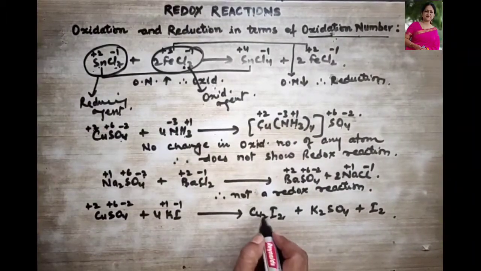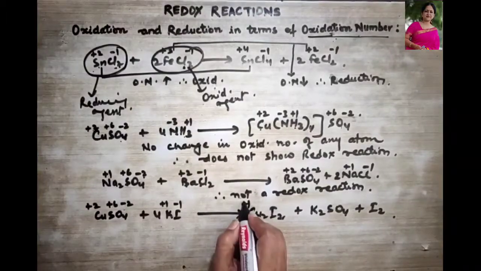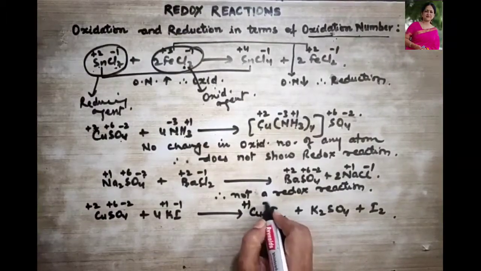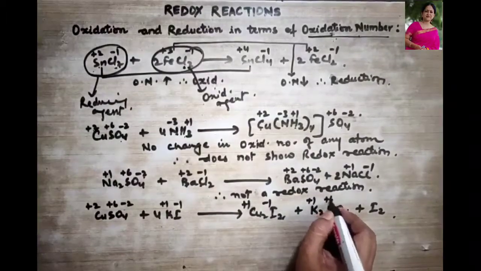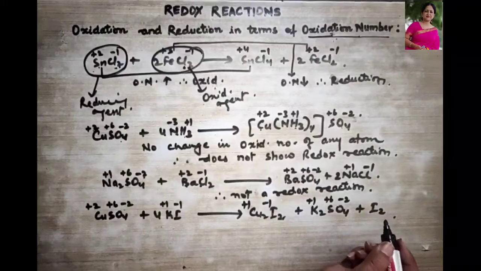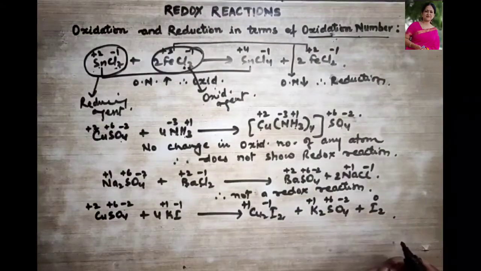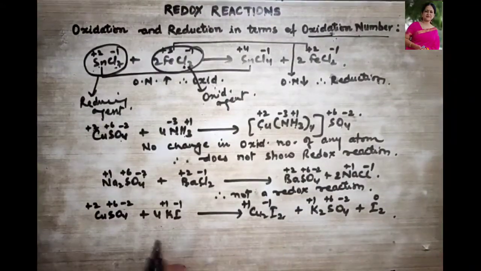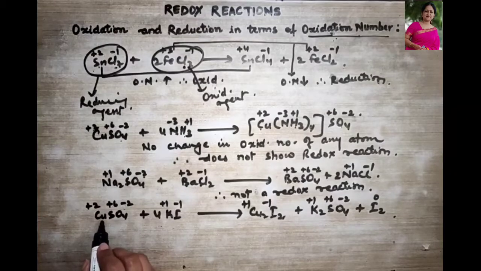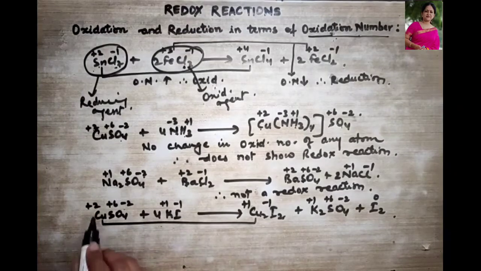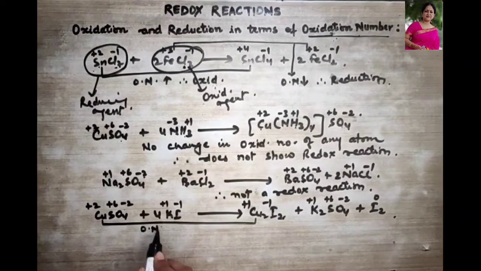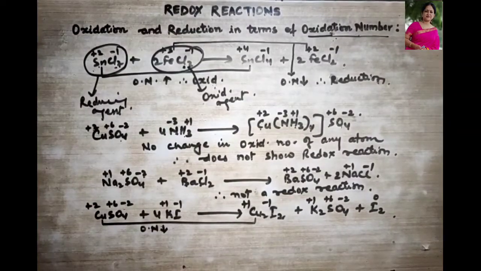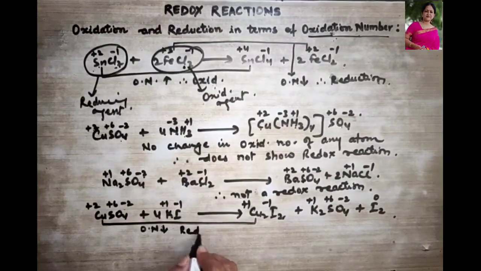Copper over here is +1, iodine -1, potassium +1, sulfur +6, oxygen -2, and this is iodine, so 0. Now look over here. Copper from +2 to +1. That means the oxidation number got decreased, which means it shows reduction.